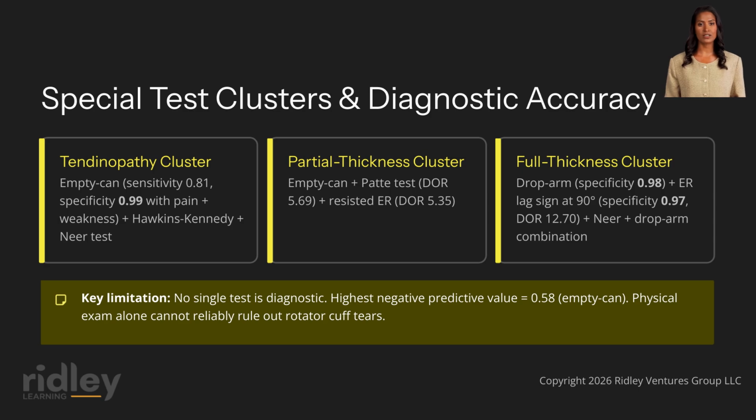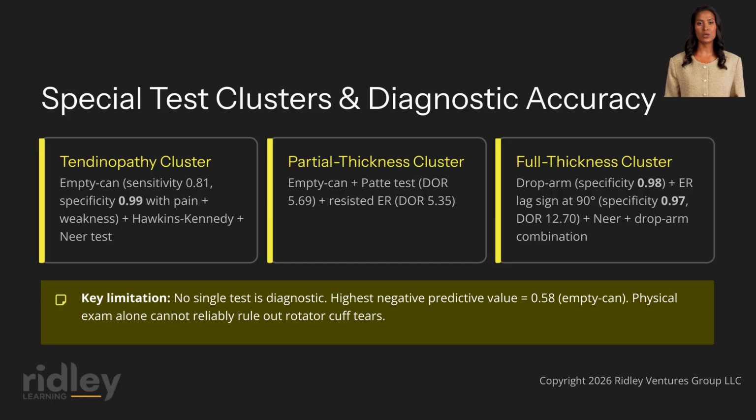For full thickness tears, the recommended cluster includes the drop arm test, external rotation lag sign, and the combination of the NIR sign with the drop arm test. The external rotation lag sign at 90 degrees is highly accurate for confirming the diagnosis when positive, with very few false positives, and is among the strongest diagnostic indicators available for ruling in full thickness tears, a finding strongly and consistently supported across the evidence examined.